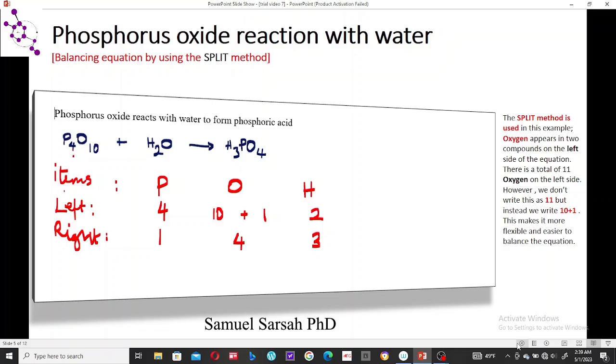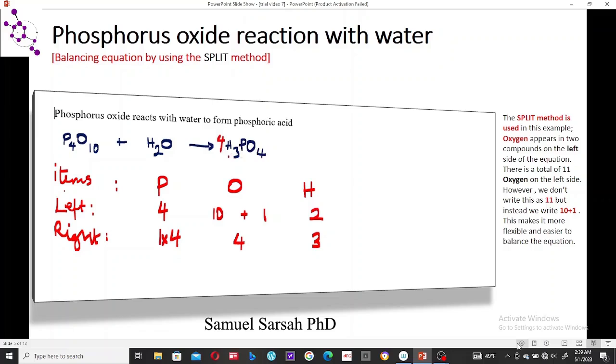Let's start with P first. So we have 4 here, we have 1 here, so let's make this 4. And this means that we have to put 4 in front of all this. This 4 affects everything here.